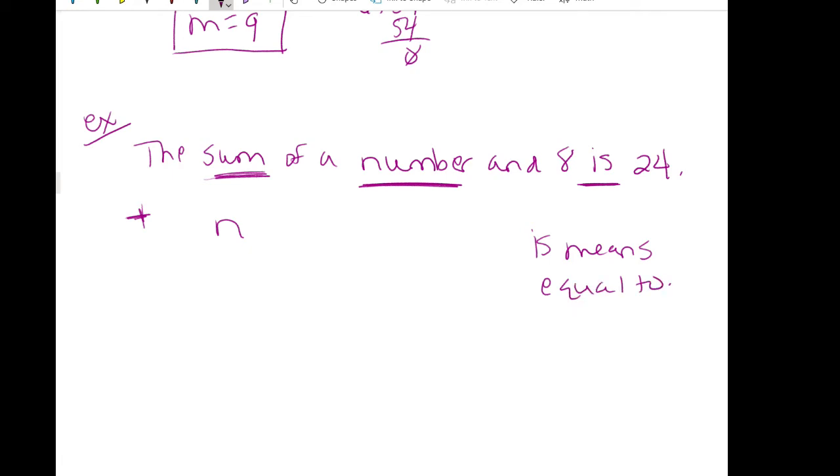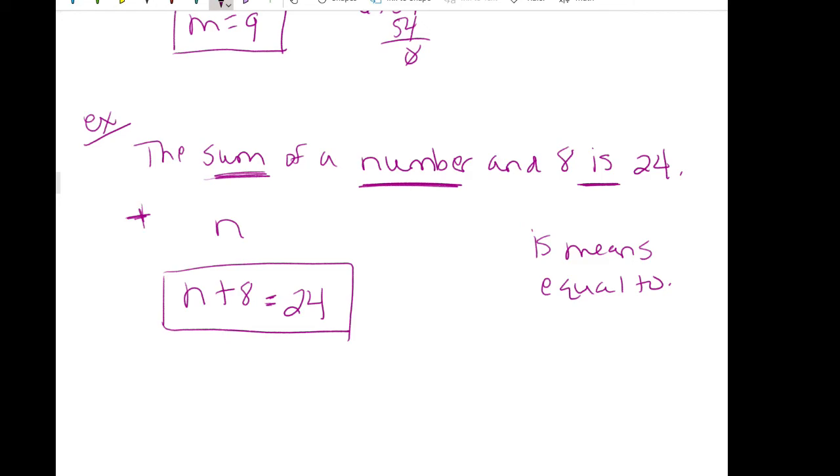So I want to add a number and 8, and is, which means that equals 24. That is the equation for this statement.